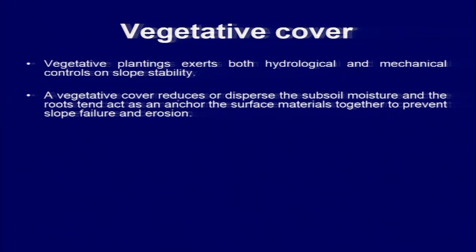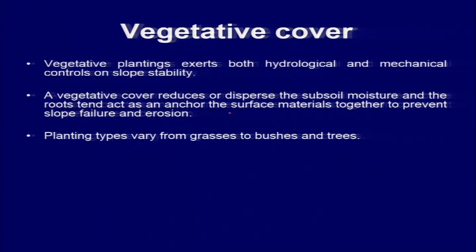Vegetation cover reduces the subsurface moisture, and the roots tend to act as an anchor. So this can reduce the chances of landslip and increases the stability.